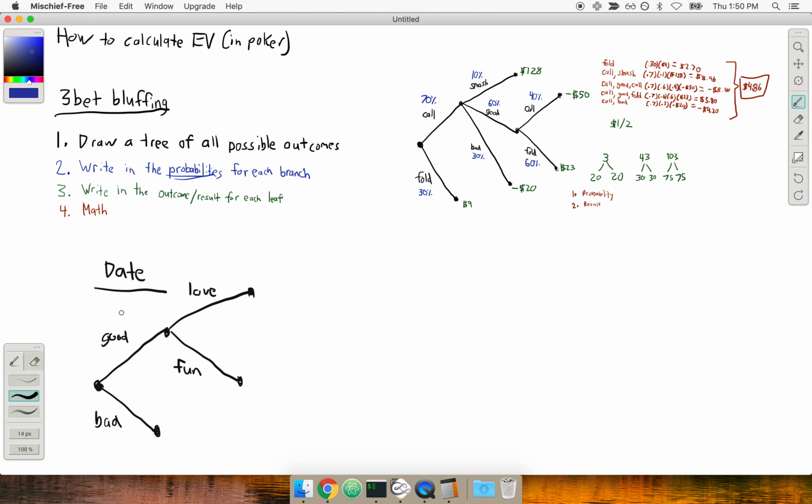So how likely is it that the date goes good? Let's say it's 30%. So 70% of the time it's bad. It's kind of funny. It's the same 30-70. All right, so once the date goes good, what are the chances that you fall in love and that's your soulmate?